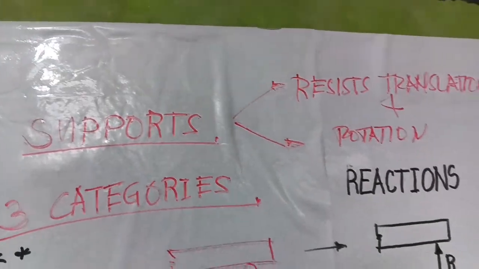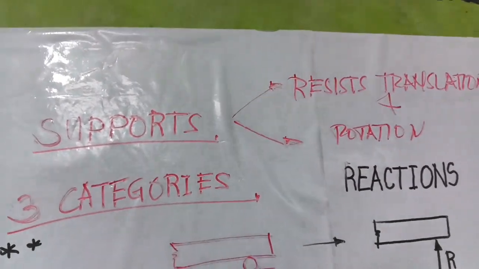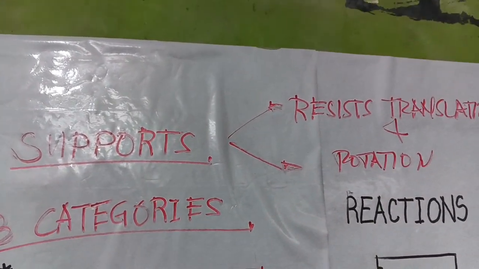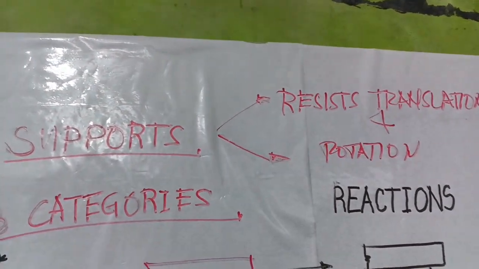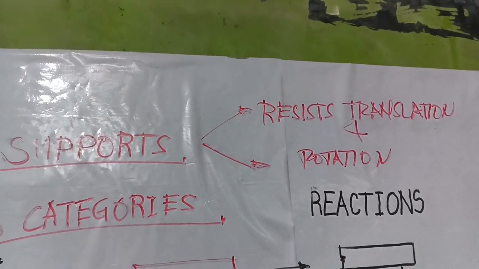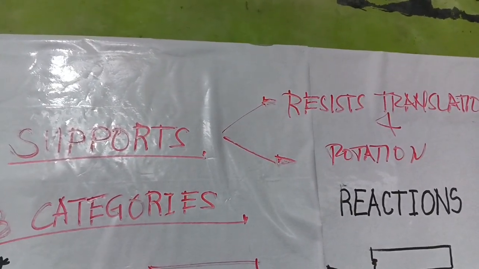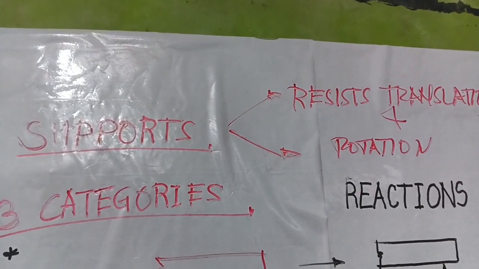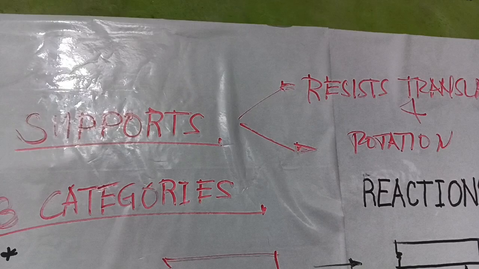Okay, so let's define supports lang muna. Okay, sa structural engineering, supports are what we use to attach our structure so that we can resist yung translation or rotation that is gonna be caused by our applied loads.